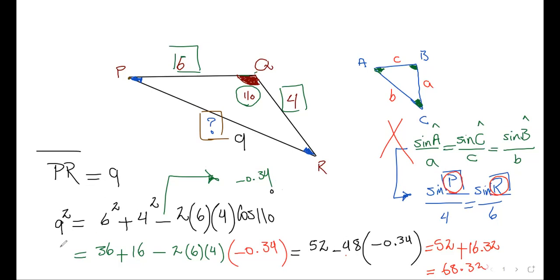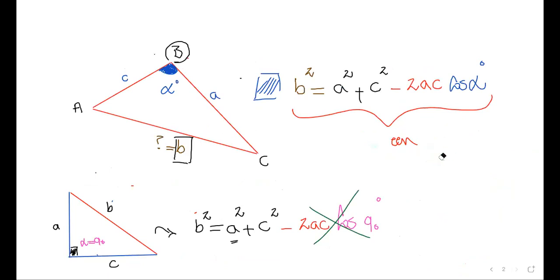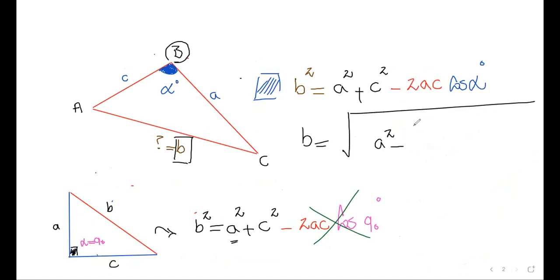Now, guys, look at this. This is Q squared. We are looking for the Q. In this example, when we talked about the cosine law, obviously, the value of B is the square root of A squared plus C squared minus 2AC cosine of phi. Isn't that correct?